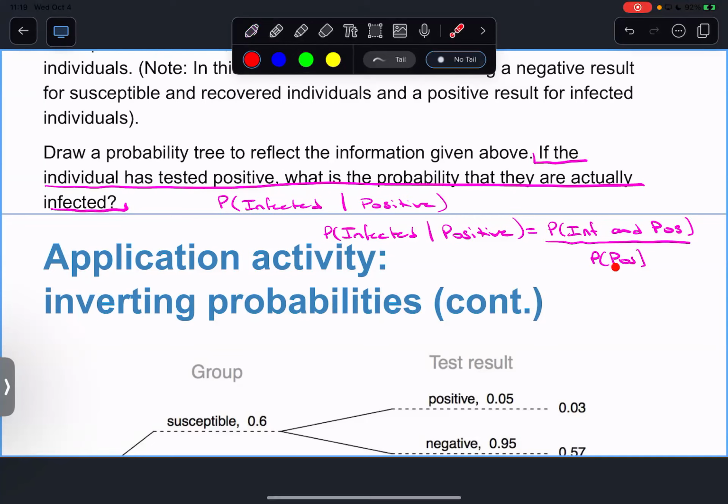Which means there were many ways of testing positive. If you are susceptible, you can test positive. If you're infected, you can test positive. If you're recovered, you can test positive. So there are many ways, I should have been saying "or" in between there, to test positive.